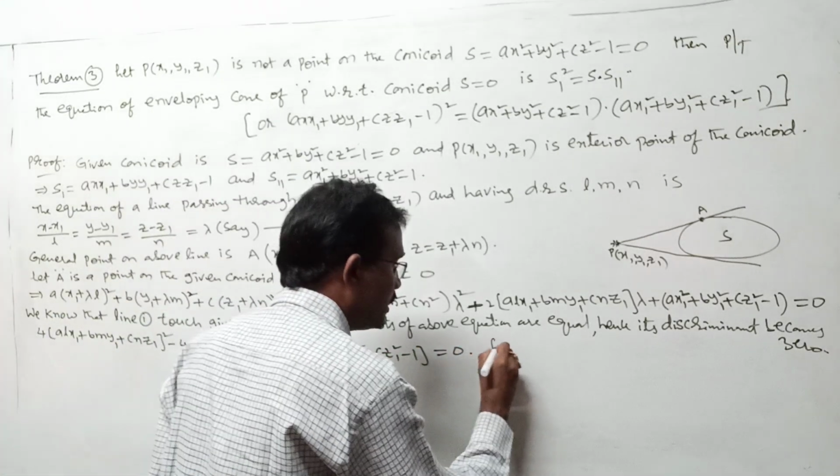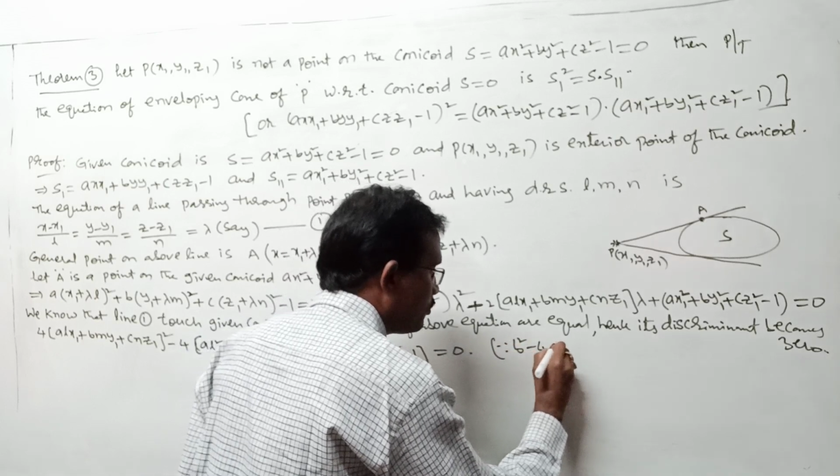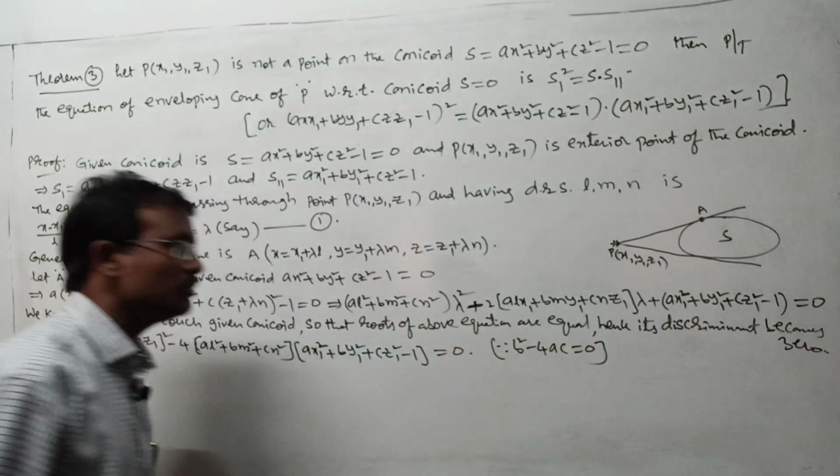Clearly, I am writing this since b square minus 4ac equal to 0. Any problem?